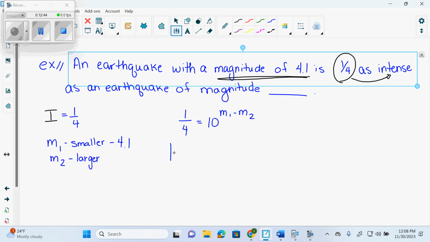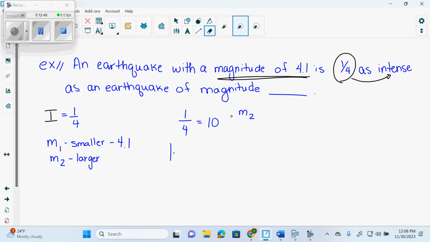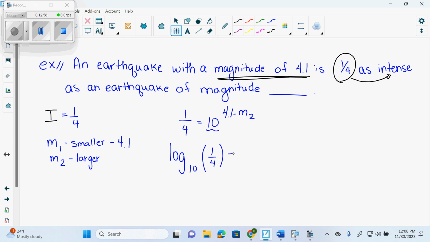And so M1 is 4.1. So I get log, the base of my log is the base of my exponent, so log base 10 of a quarter equals 4.1 minus M2. Then I have to subtract my 4.1.